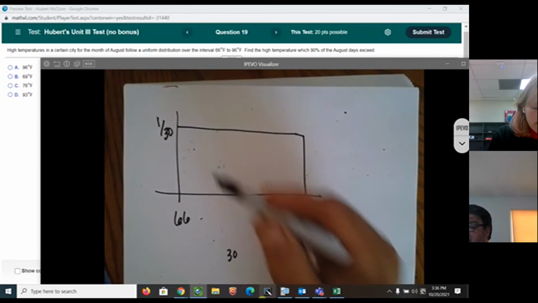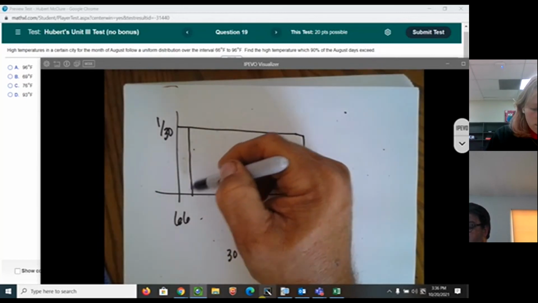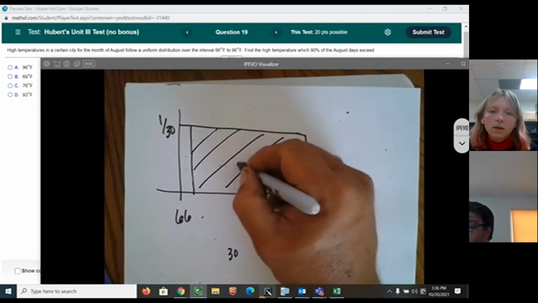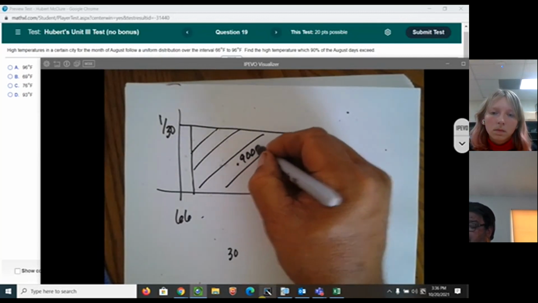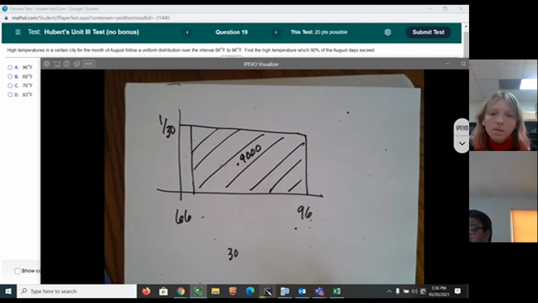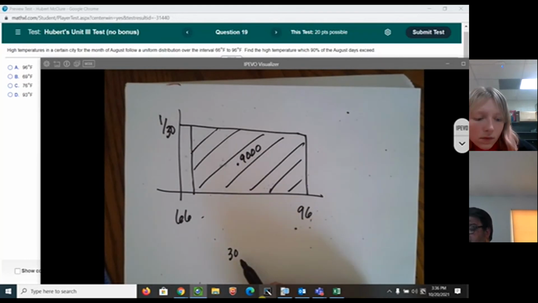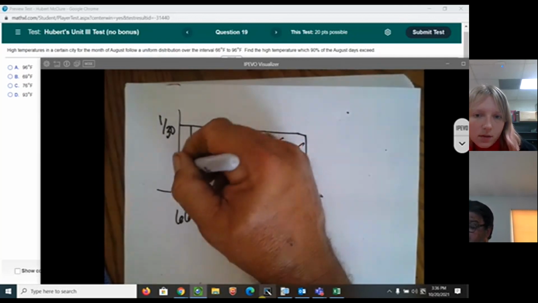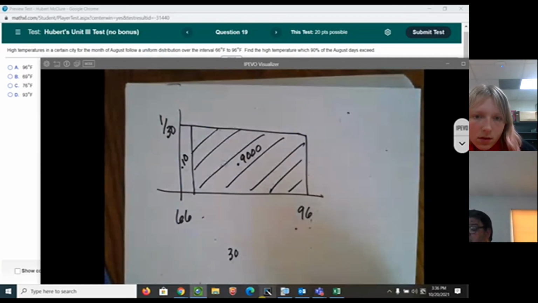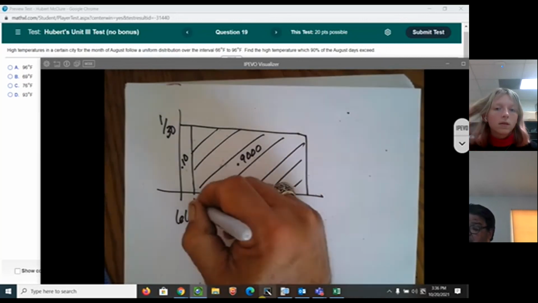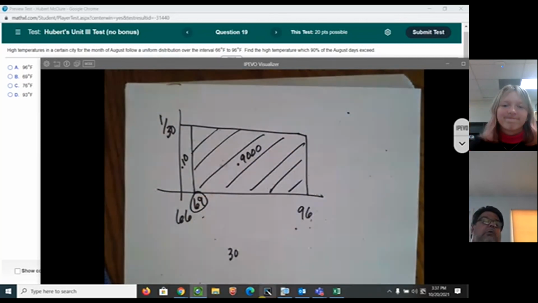So 90%, 0.9000, is right there. And 90% would be 90% of 30, which would leave 10% right here. So 10% of 30 is 3, so it should be 69 degrees.